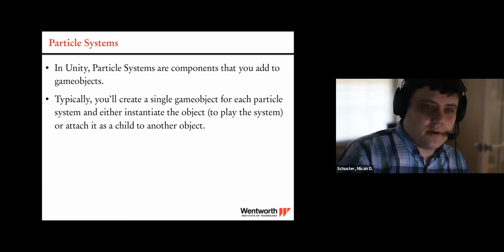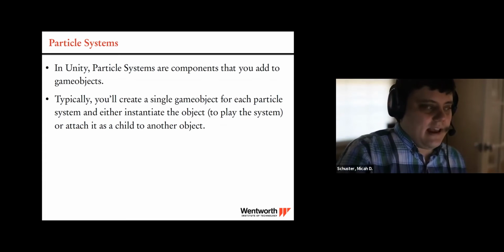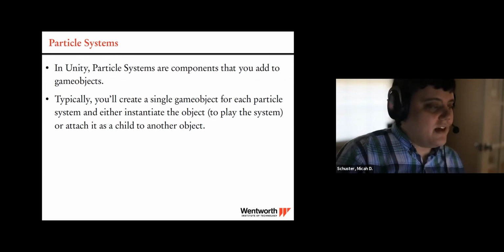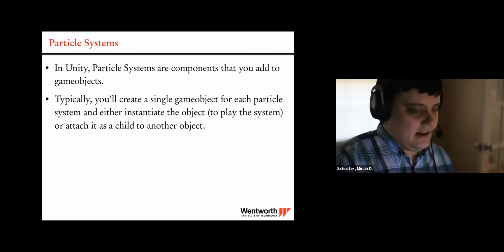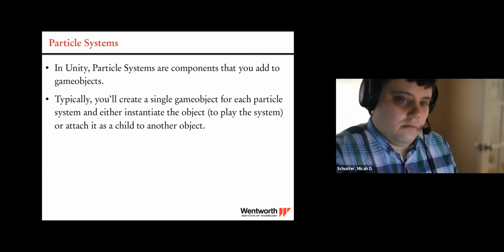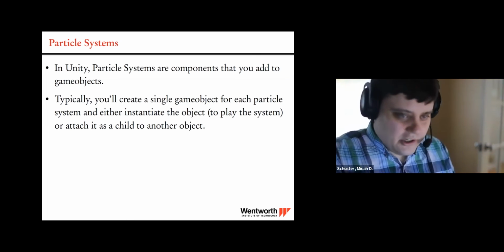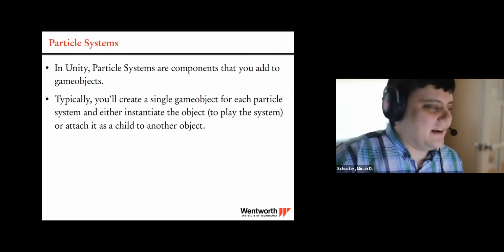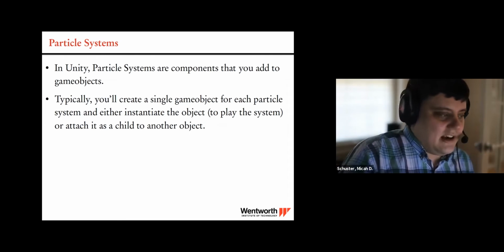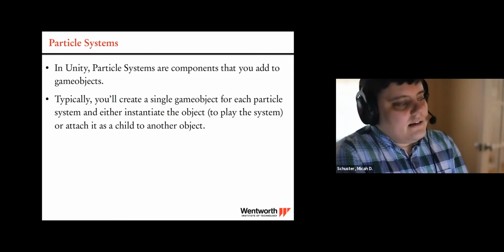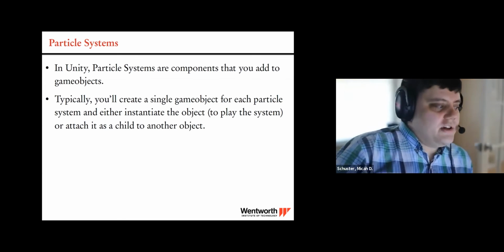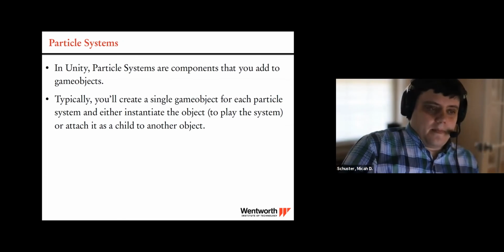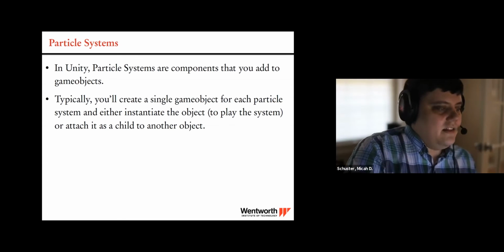We can make it a prefab, and then we can instantiate it whenever we need to. So same thing with a particle system. You can instantiate it, and then the particle system will play. So whether it's an explosion or something else, sparks from a computer console or something in your game, you instantiate it and it can play. Typically, you're going to create a single game object for each particle system. And then, as I said, instantiate the object.